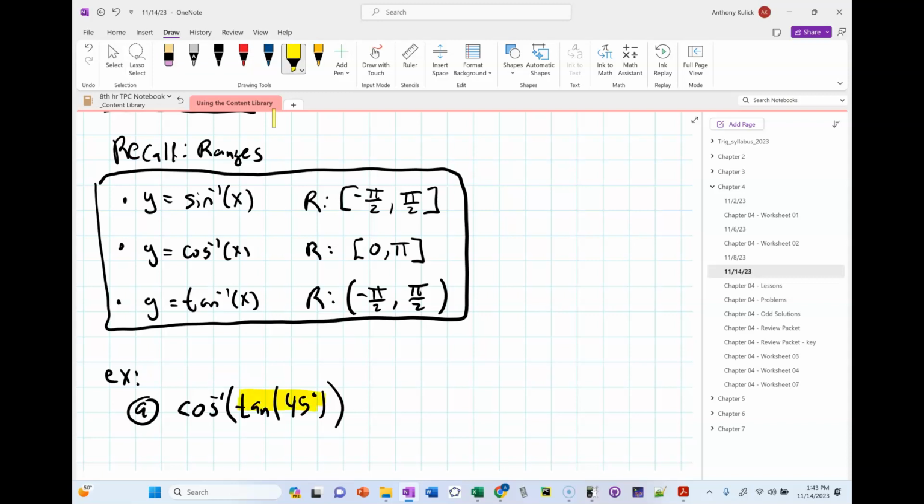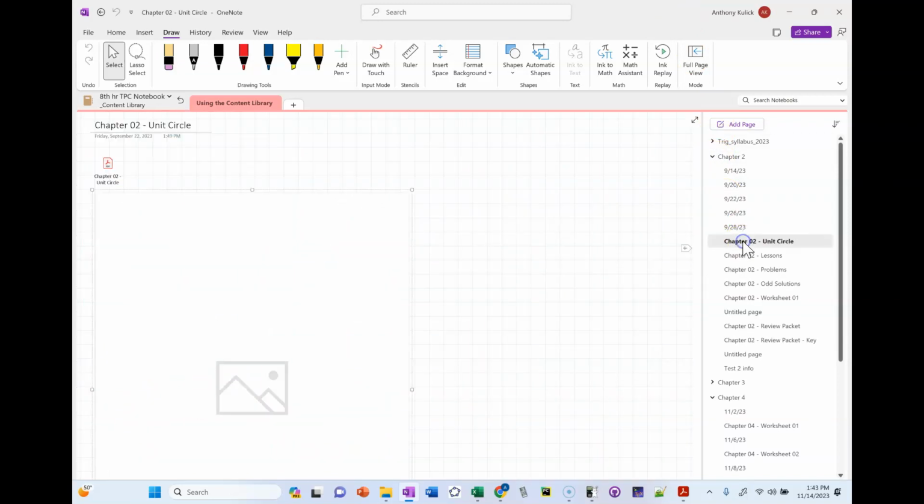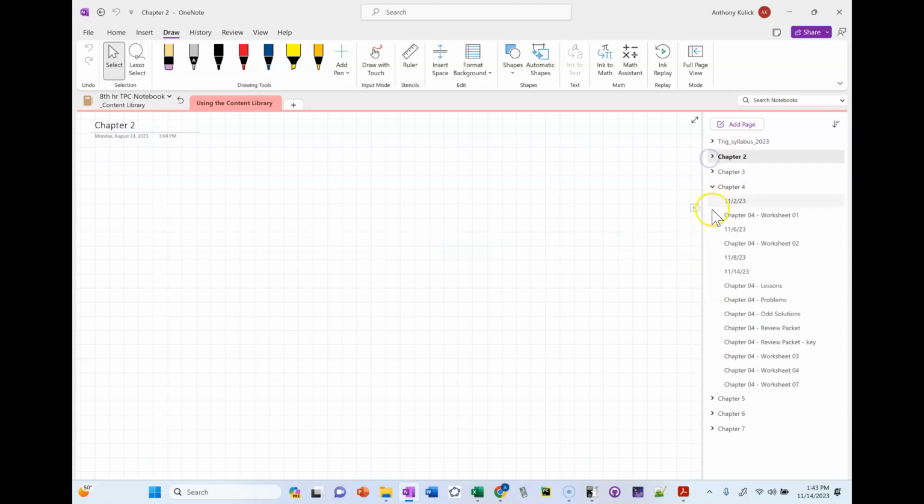So I'm going to look at tan of 45. When you see 45 degrees, what do you recognize? That's a unit circle angle. So I'm going to go to my unit circle.